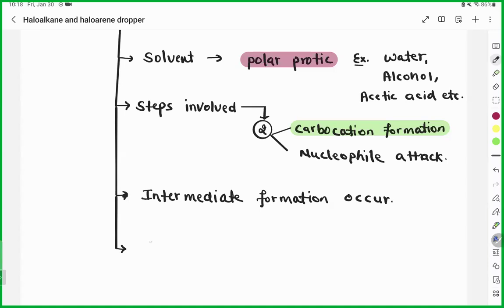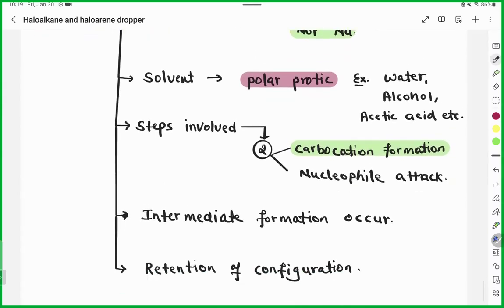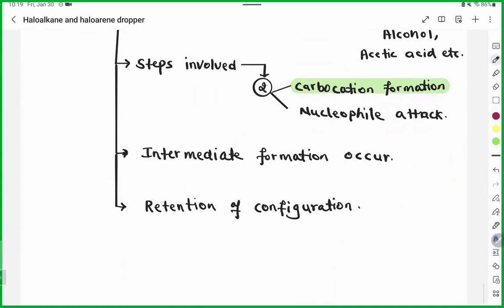But here, retention of configuration, because children are supporting this act, so configuration remains same and children like their new mother. Retention of configuration.